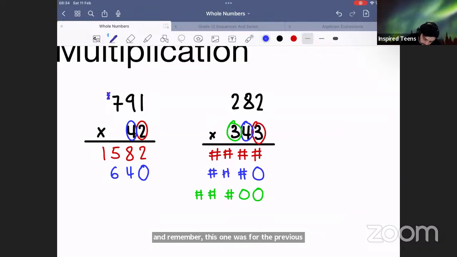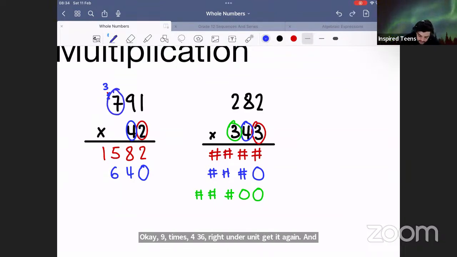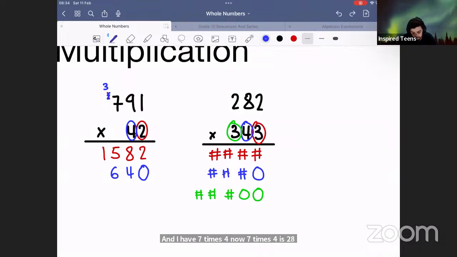I write down my unit and I carry my tens. 9 times 4, 36. Write down the unit, carry the 10. Then I have 7 times 4. Now, 7 times 4 is 28. All right. And then I add the 3, I get 31. 791 times 42.